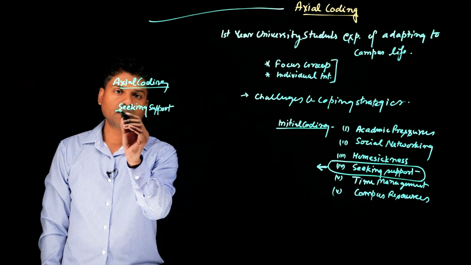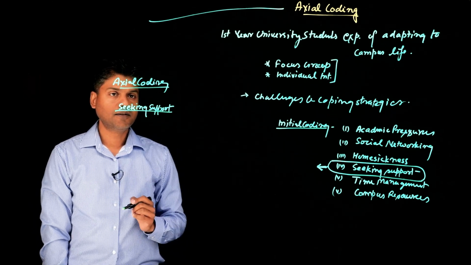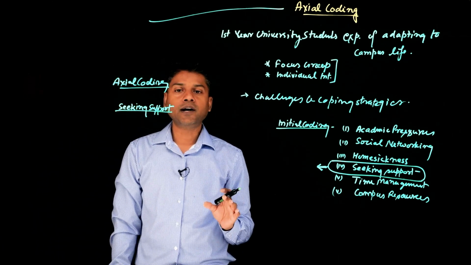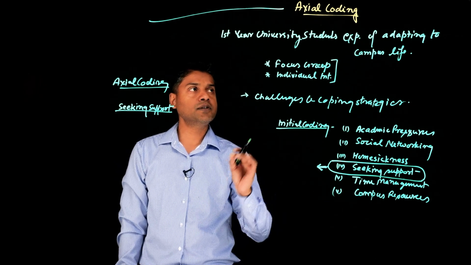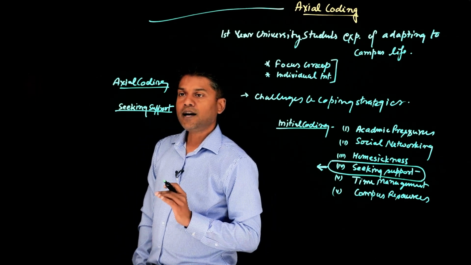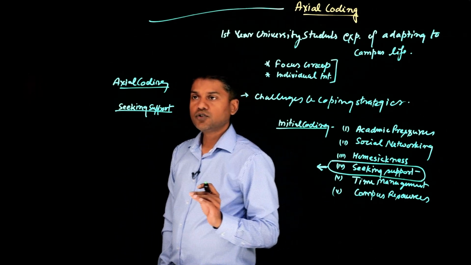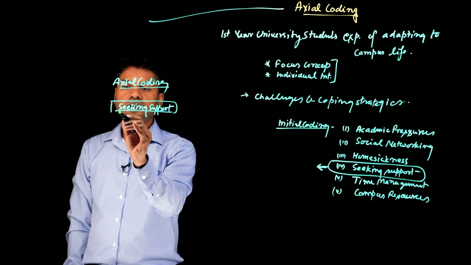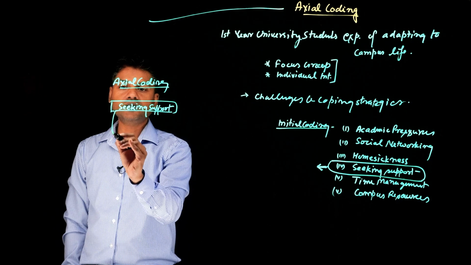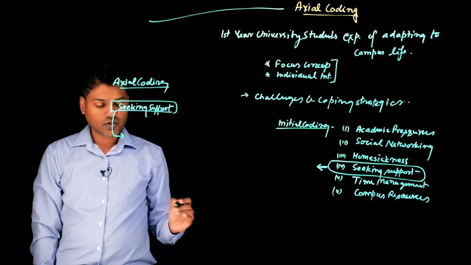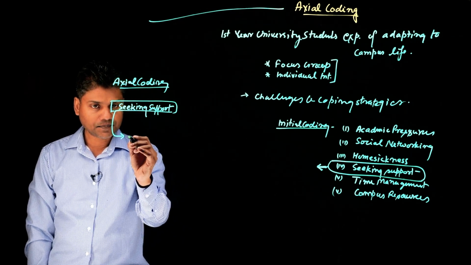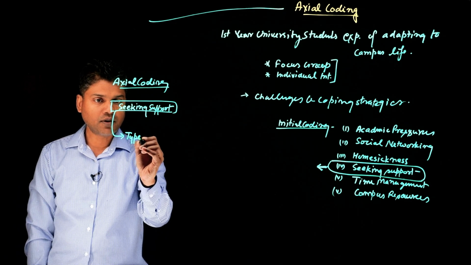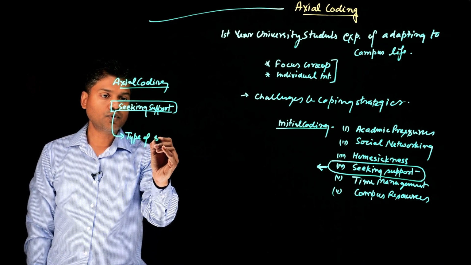So with seeking support, which is primarily about how first year students on campus seek support, within this main category I can come up with subcategories. What could they be? What could be the type of support?